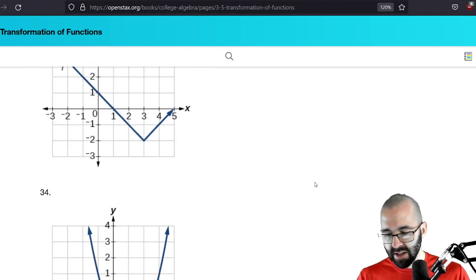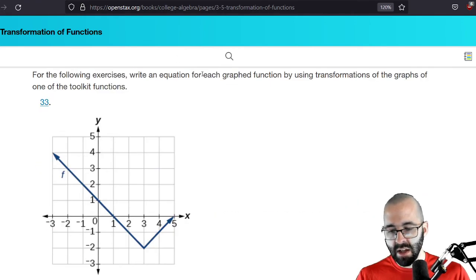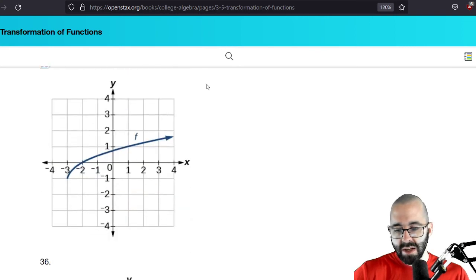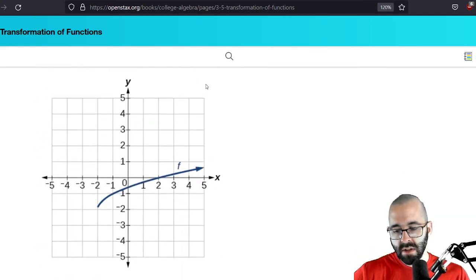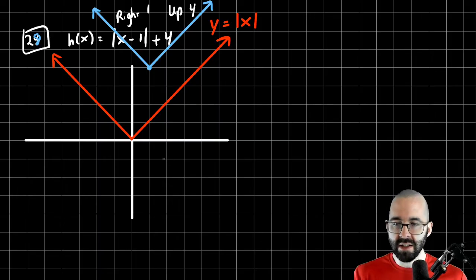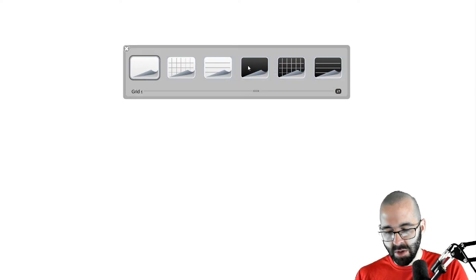So number 40, what is it asking us to do? Write an equation for the graphed function using transformations. So we need an equation for this function using transformations. So, whoa, not white. This is number 40.